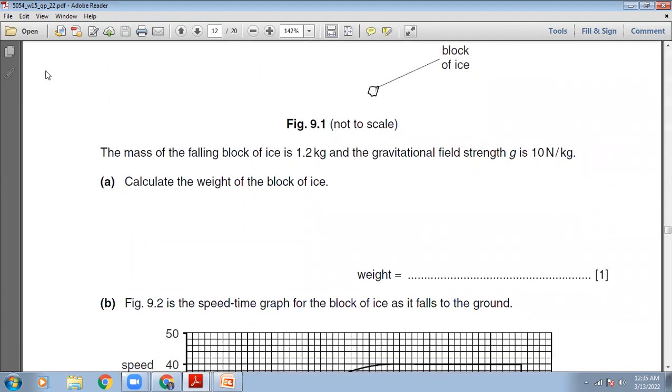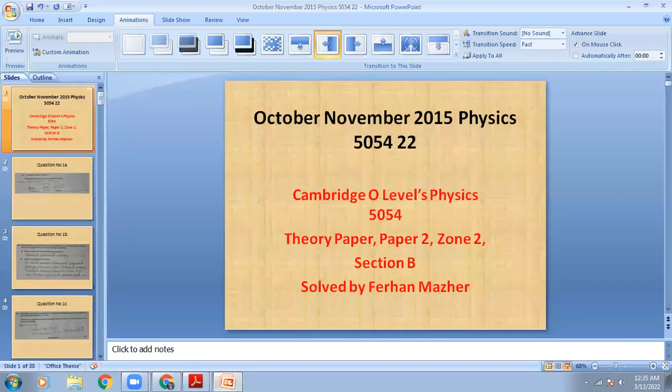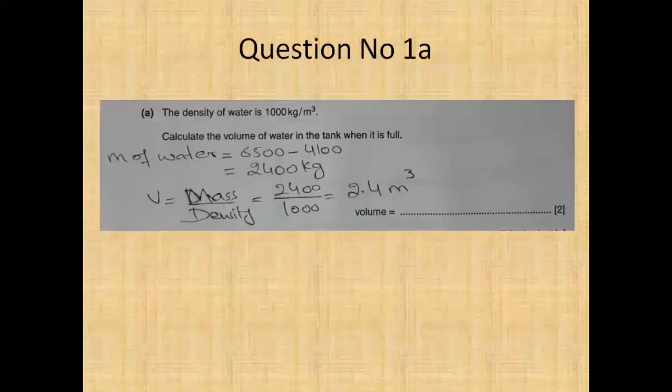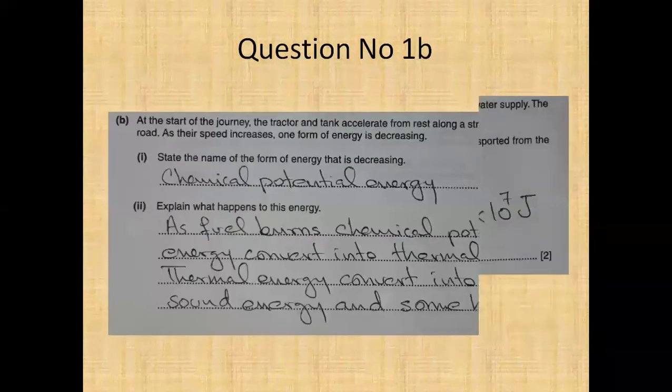I can calculate the weight of this. The formula for weight is W equals mg. The mass must be taken in kg. So here we go. Let me show you. Let me go to question number 9.